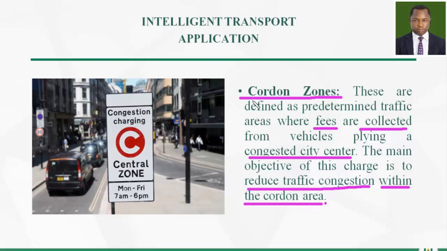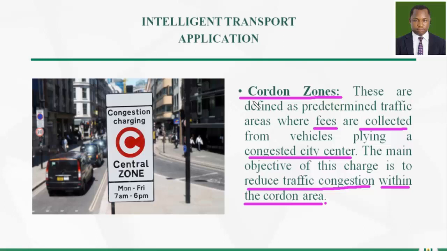Now, usually, a toll gate can be implemented to cordon that area, and a fee is charged before one can access that city center. Motorists who do not want to pay that fee will, of course, not want to access the city, and they will try to avoid going there.